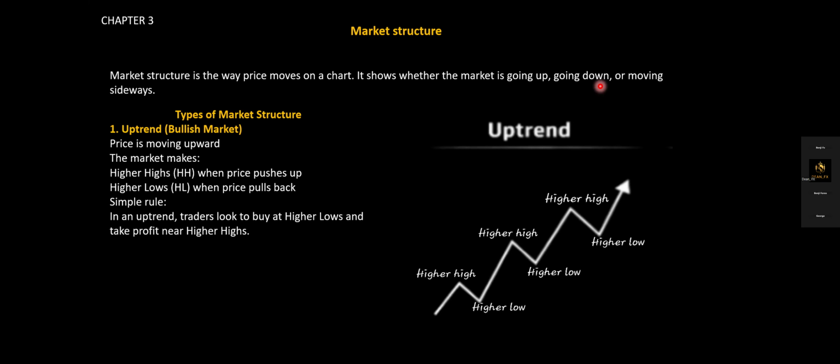The uptrend is basically price moving upwards. The market is making higher highs and higher lows. When price pulls back, a simple rule in an uptrend is that traders look for buys at a higher low and take profit near higher highs.